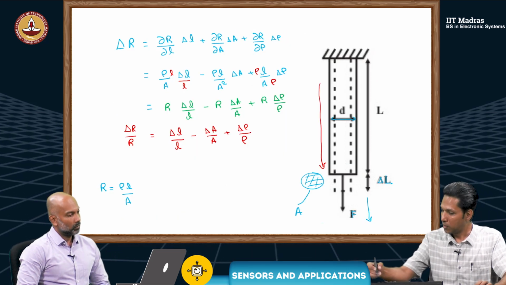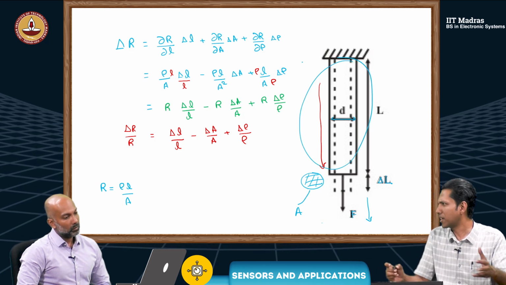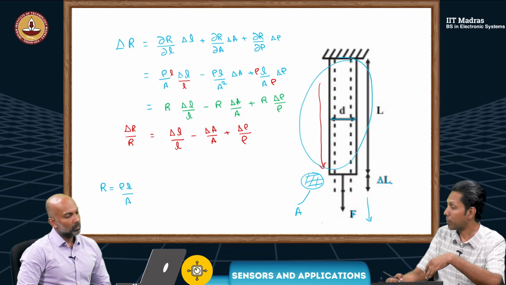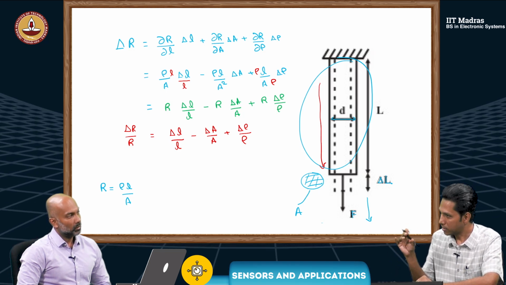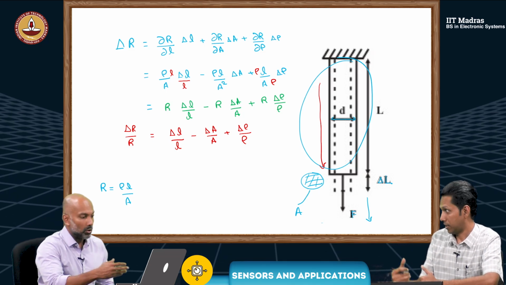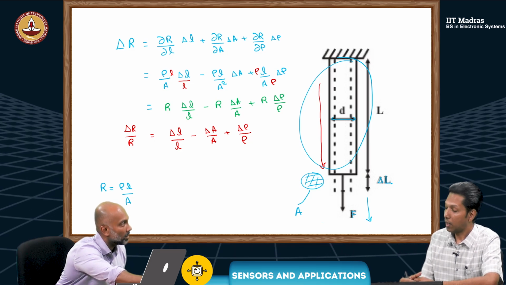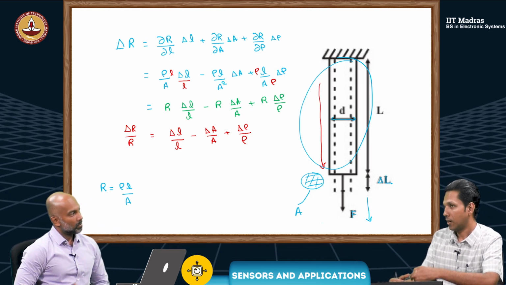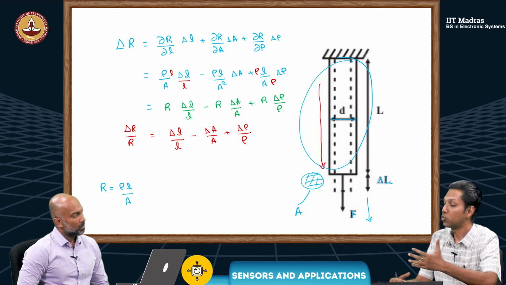Now, if that resistive element is made of this, what kind of shape? When you attach this resistive element to that big structure, the resistive element is also undergoing the same dimensional change. See, the dimensional change is what we are measuring.